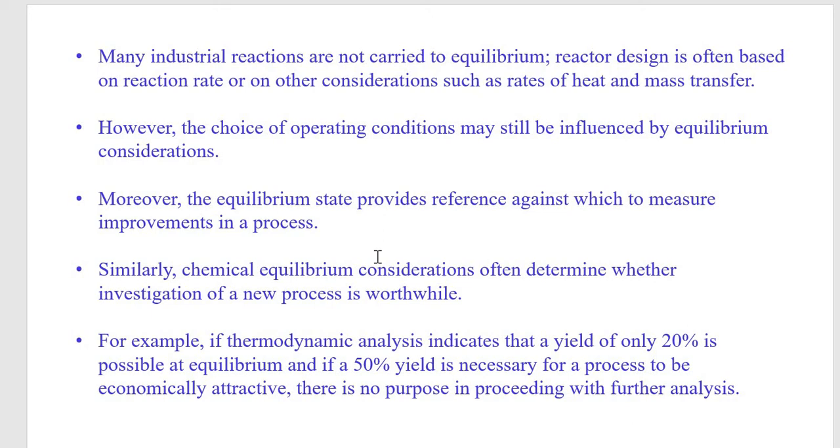So reactor design is often based on reaction rate or other considerations such as rate of heat and mass transfer. So we can say they are based on their rate, that is the time required for conversion, or the speed of the conversion or speed of the reaction.